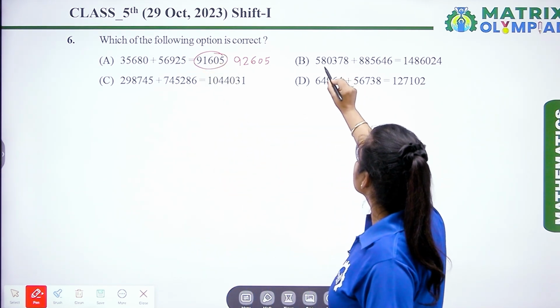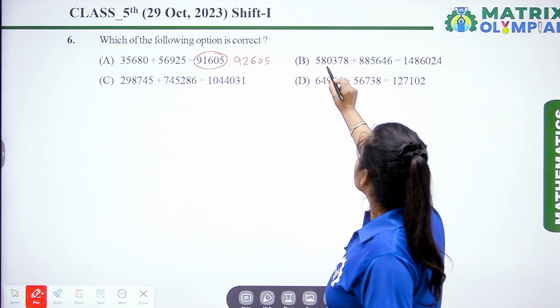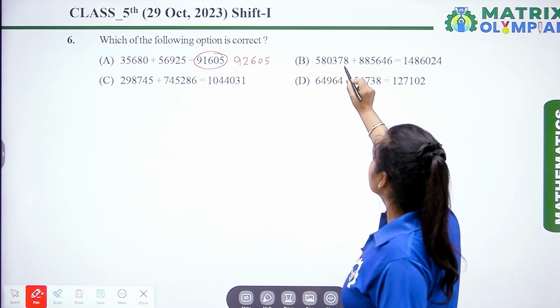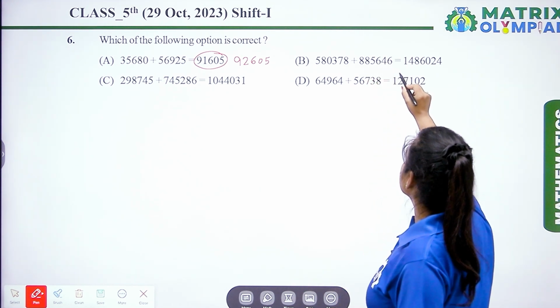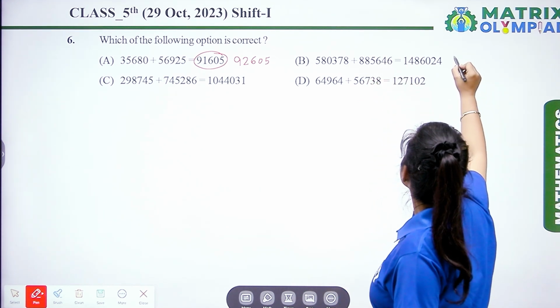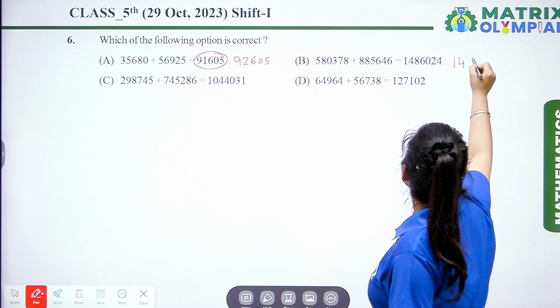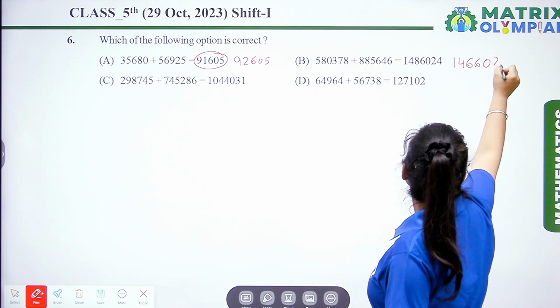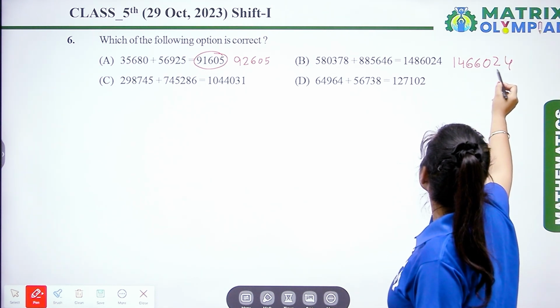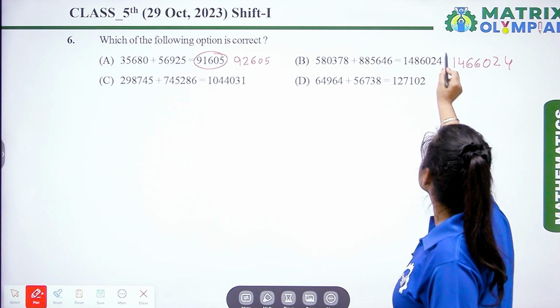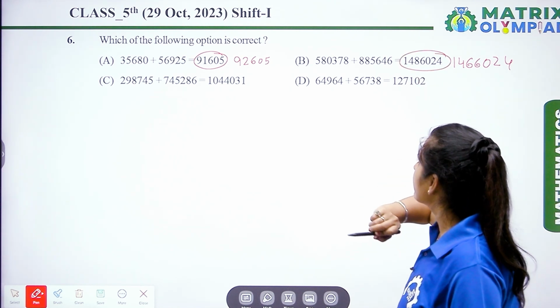Now the next option is 5,80,378 plus 8,85,646 gives us that is 14,66,024. So here the answer is incorrect.